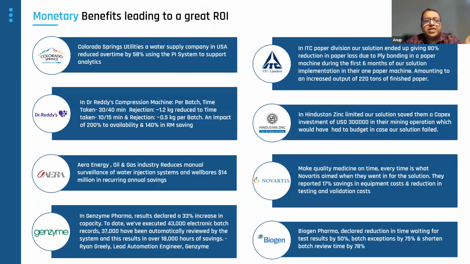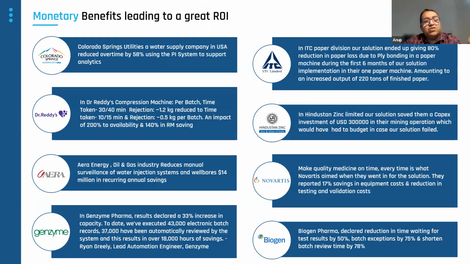Now, what does all this bring to you? Well, let's talk about money now. So in Dr. Reddy's, we started off with a pilot, at first on their compression machine. What happened? The average rejection was 1.2 kg per compression batch, and it took 30 to 40 minutes to start a compression machine.